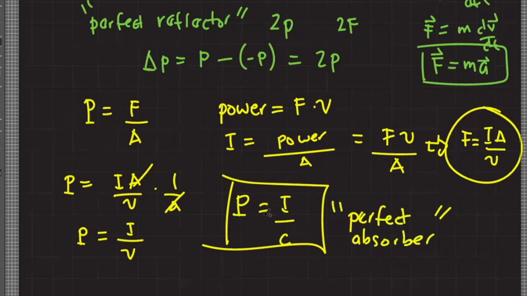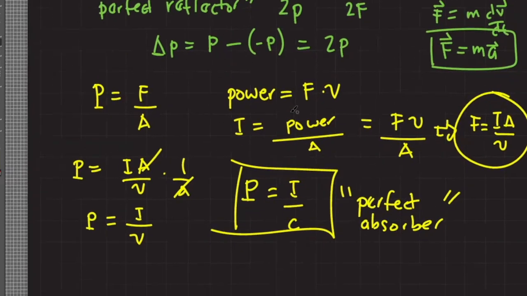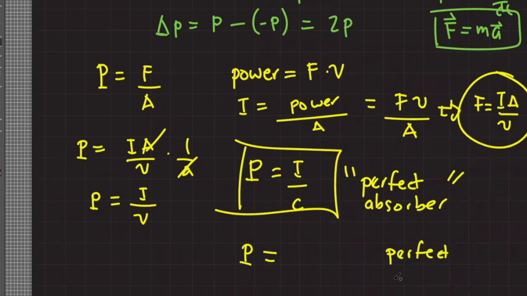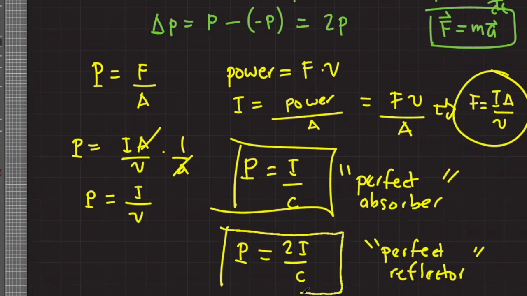However, if we have a perfect reflector, notice that we must have a factor 2 in force. So initially, if this is our expression for pressure, we must have a multiplier of 2 here. Just to save time, the expression for pressure if you have a perfect reflector is 2 times I over c, or twice the intensity of the electromagnetic wave divided by the speed of electromagnetic waves in vacuum.